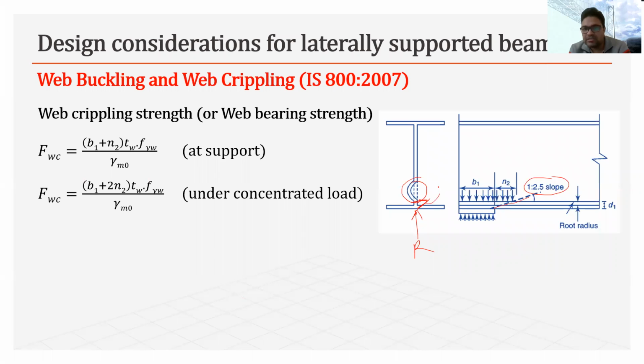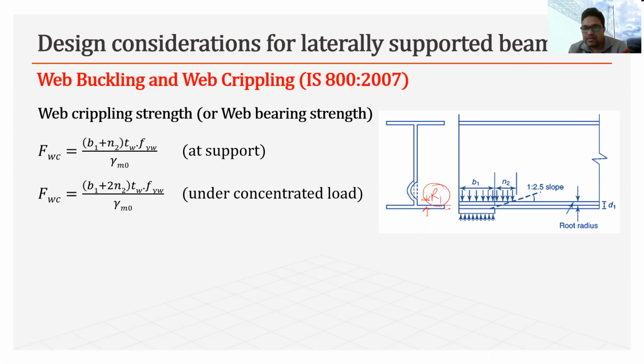So this is 1 is to 2.5. Now this length is r1, which is called root radius. This root radius value for all the sections is available in the steel table, so we can find out this r1 value. So just above the r1 value, web crippling will occur.